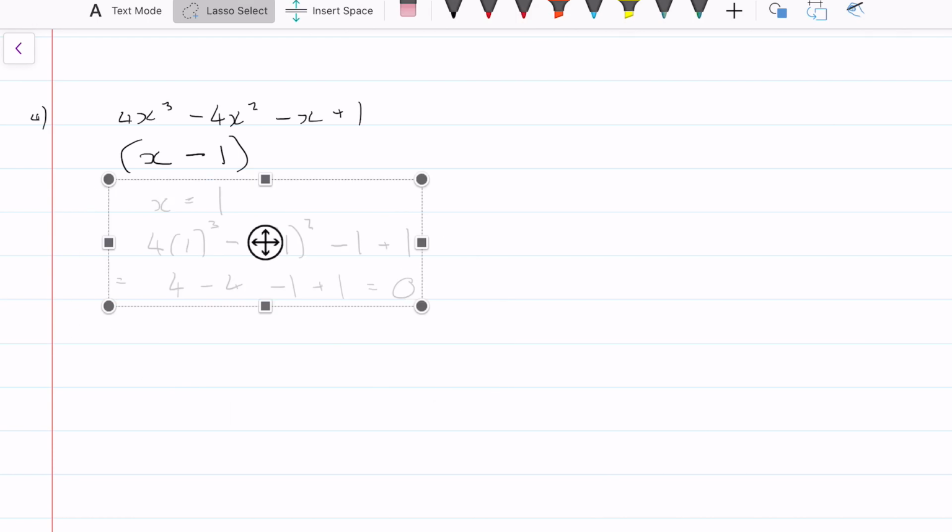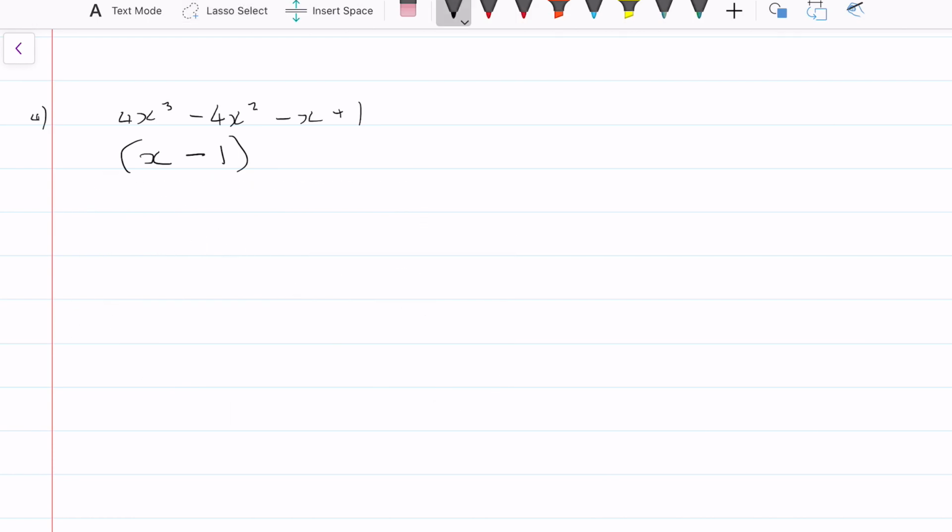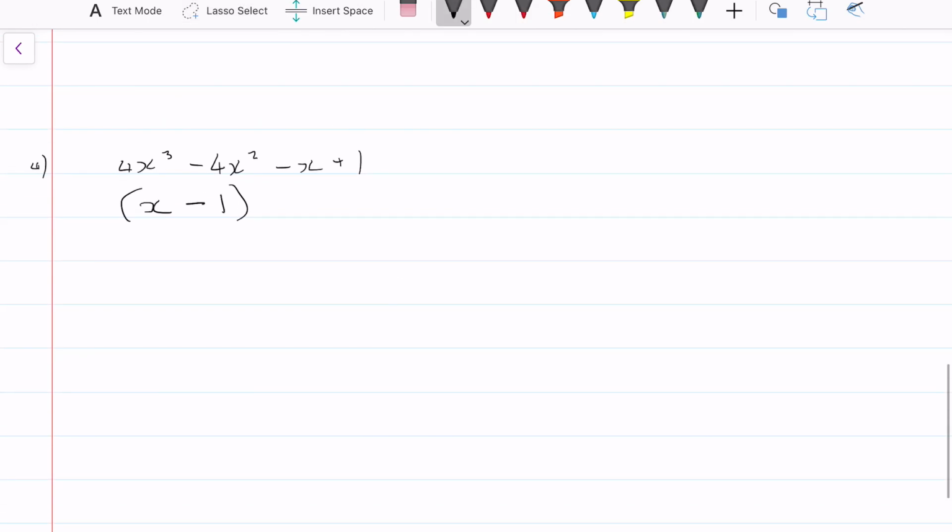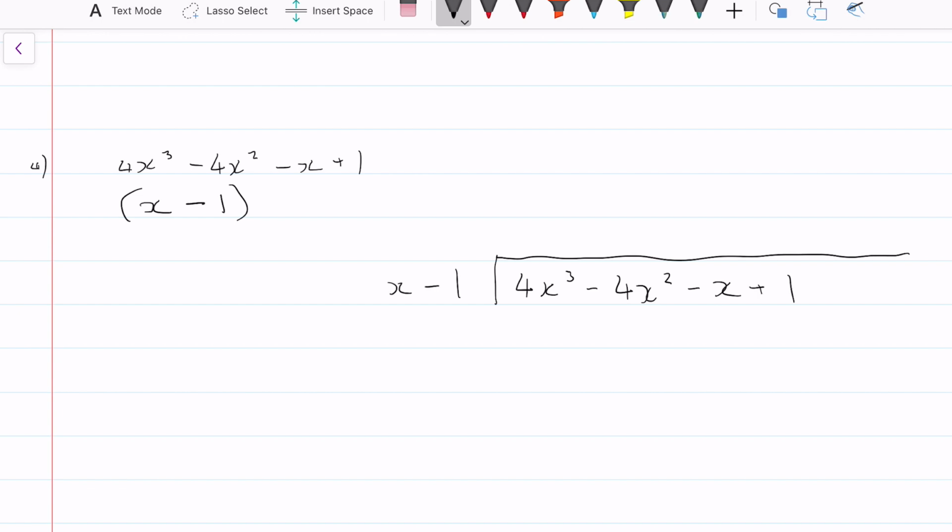Okay, delete that, and now we want to get a second factor by long division. So we have 4x cubed minus 4x squared minus x plus 1. We have x minus 1.